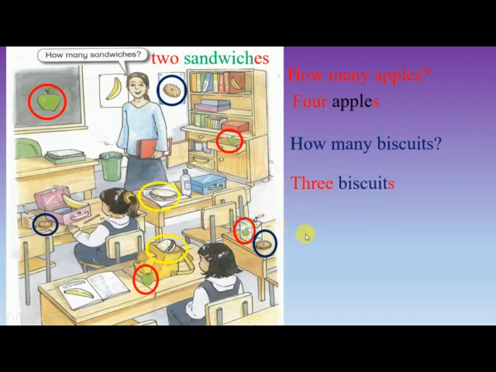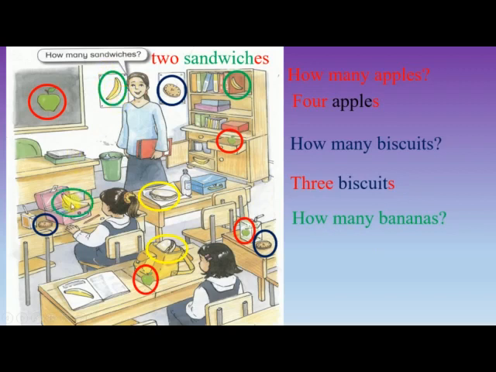Now we are going to find the bananas. How many bananas? Can you find the first banana? Very good. It's here on the book. Where can you find a banana? Very good. Here on the board. The third banana.